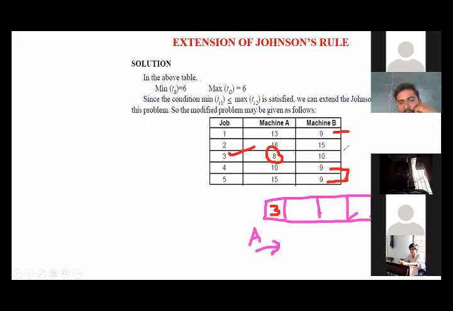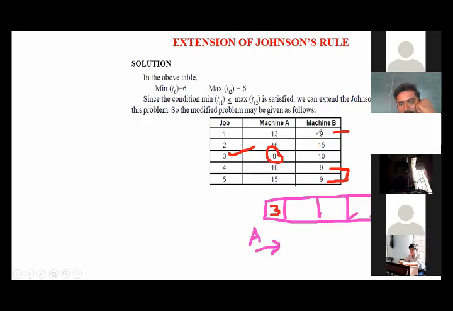So here we are going to identify which job to take first. That means here we have one rule. At the minimum of B, if we have a tie, we are going to check the machine A values, and we consider the lowest machine A value for that particular tie.